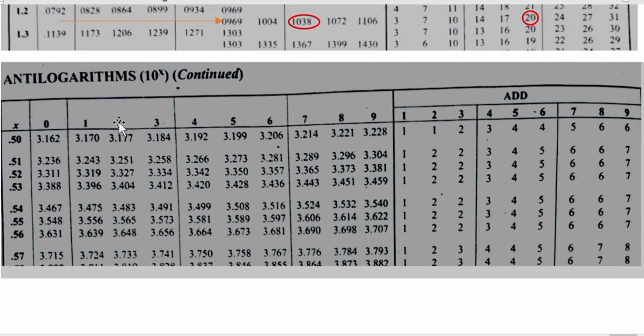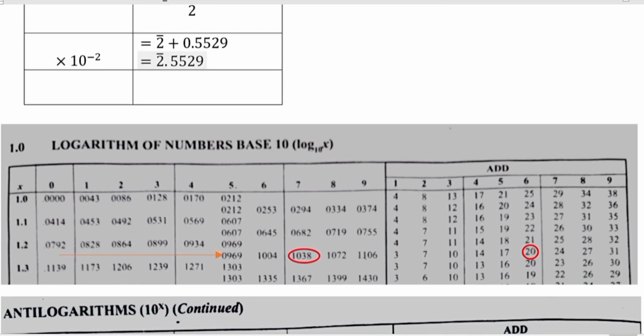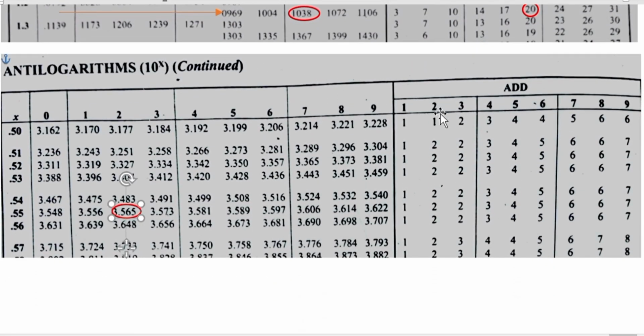Then look for 2 here. You realize it's here. So the intersection of that gives us 3.565, this number here. And then we read 9. So look for 9 here. You realize it's here. Move down to the point of intersection with 0.55, you will read this number 7.